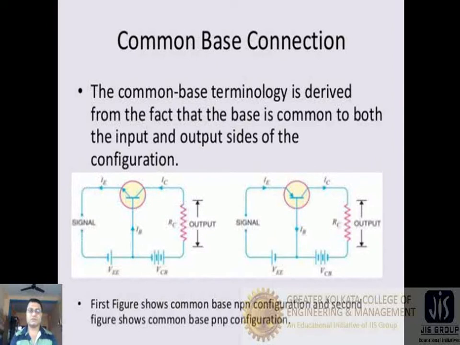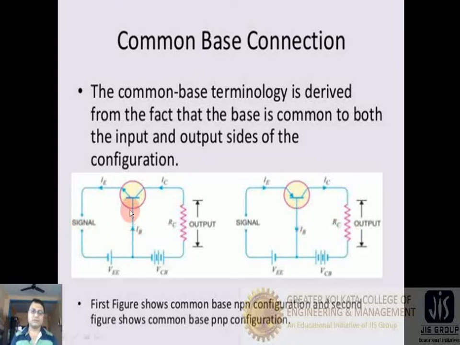First is the common base configuration. The common base terminology is derived from the fact that the base is common to both the input and output side of the configuration. Here you can see a common base for both transistors, one NPN and another PNP.